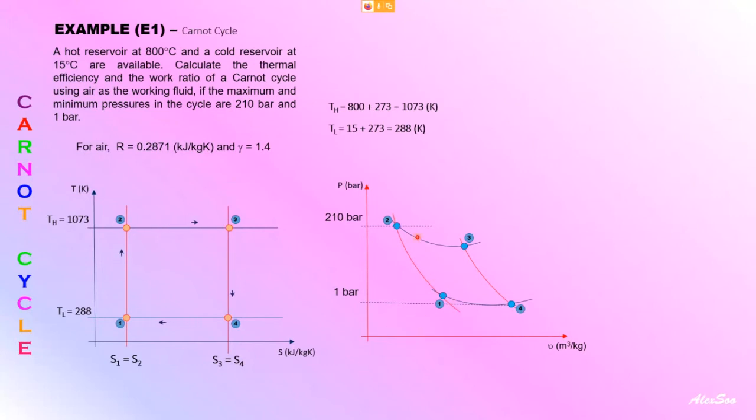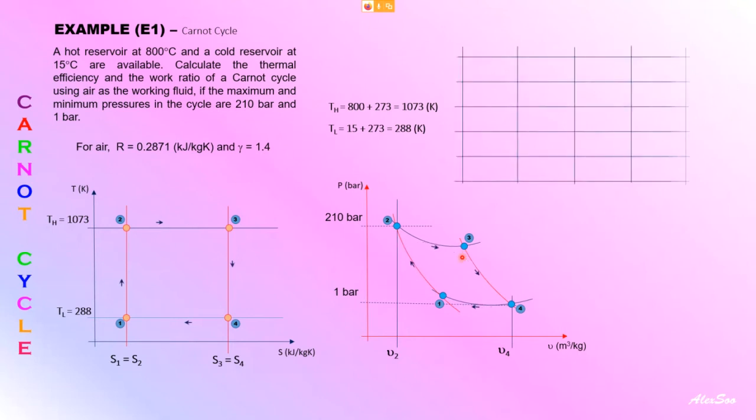Then you put the arrows all in a clockwise direction, and then your volume, of course. So this is the PV diagram, and this is the TS diagram. In order for us to find heat, we refer to the area of the TS diagram. For us to find the work, we can refer to the PV diagram.